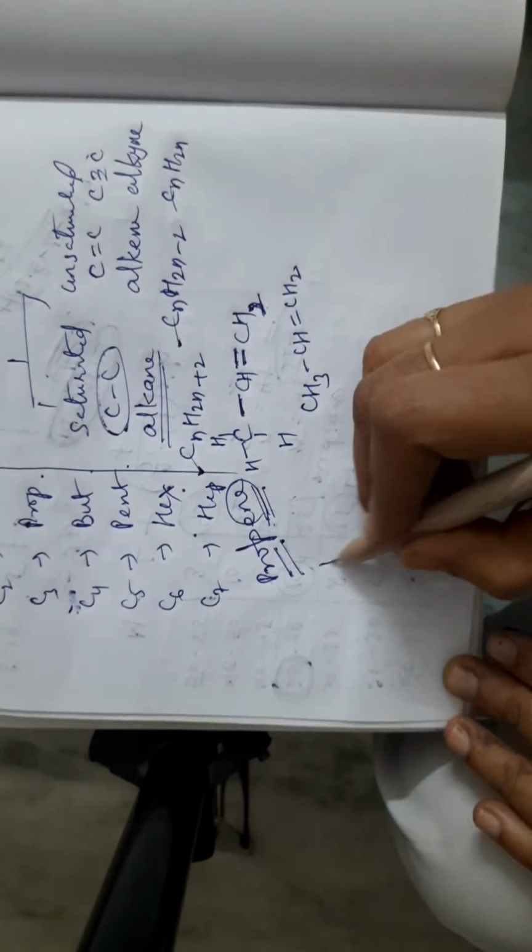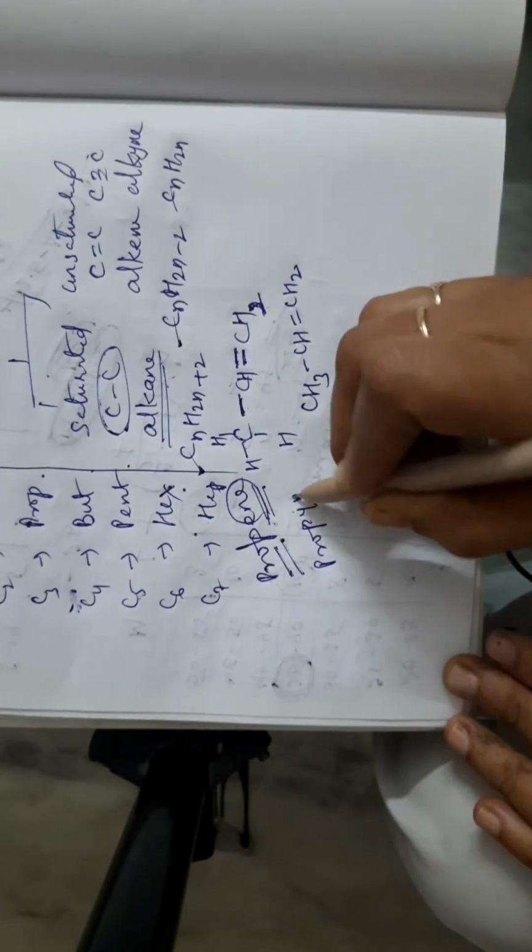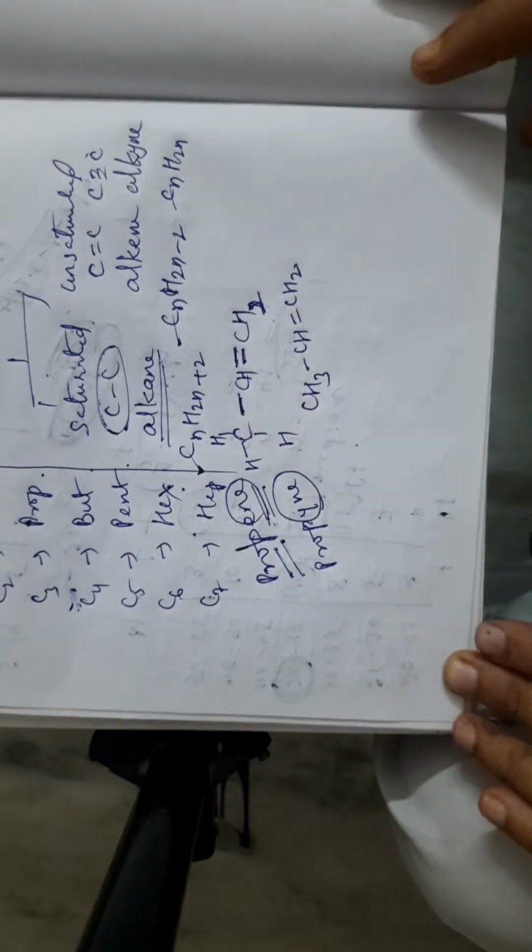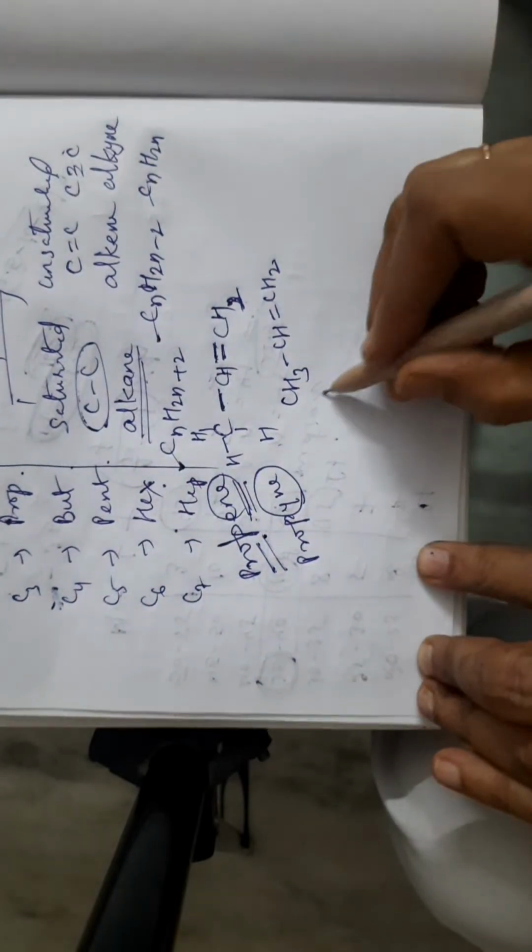If they ask what is the formula of propyne? Yne is there, so we need 3 bonds between carbon and carbon.